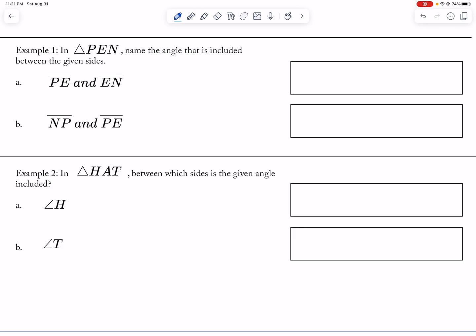Okay, so if I have a triangle PEN, what angle is included between the given sides? If I have triangle PEN and I have PE and EN, then I have angle E in between. And if I had NP and PE, then my angle P would be included.